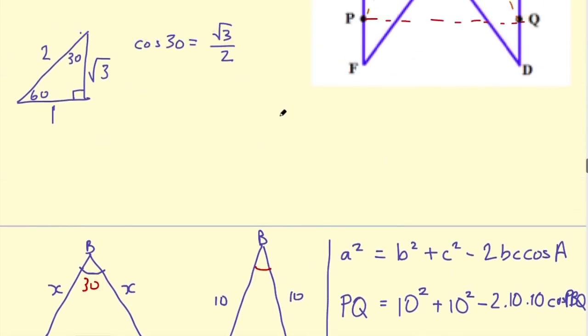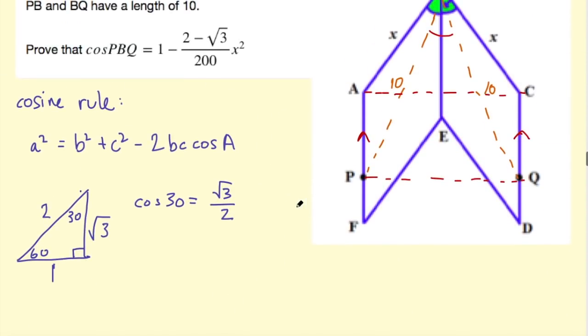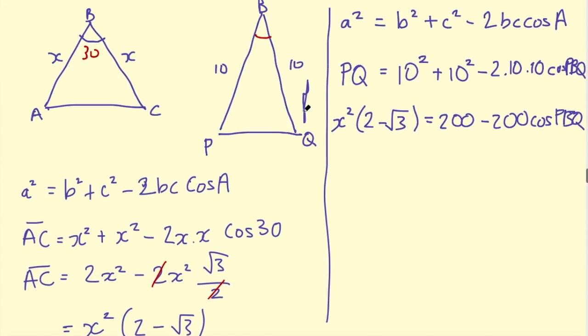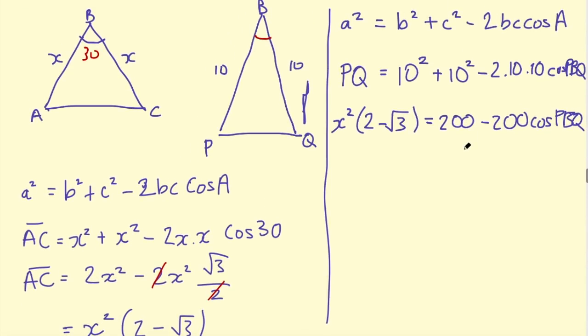This is looking like we're going to be able to get to this right hand side. So I'm going to flip this around and take that 200 from the other side. So this is going to be minus 200 cosine PBQ equals x squared times 2 minus root 3 minus 200.